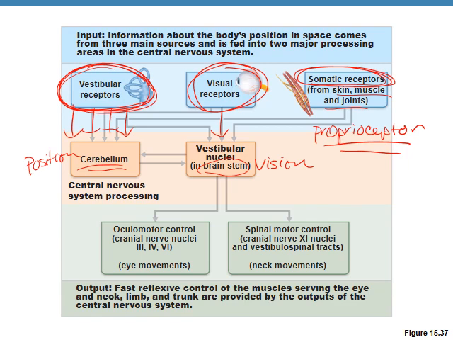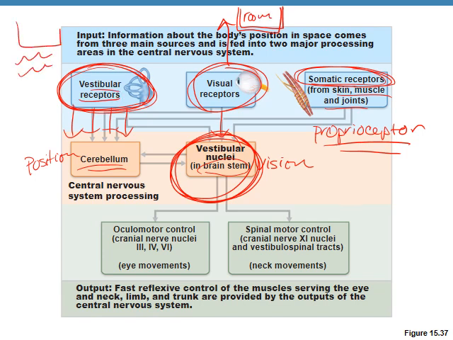So usually what happens is somehow all of this input is all coming here to the brainstem, and some of this can cause issues if they're receiving separate messages. So what if you're looking straight ahead and you're in a room, but what are your vestibular receptors telling you? They're telling you that this room, which shouldn't be moving, is slightly moving. Why? Maybe you're on a boat, right? What do your somatic receptors do?